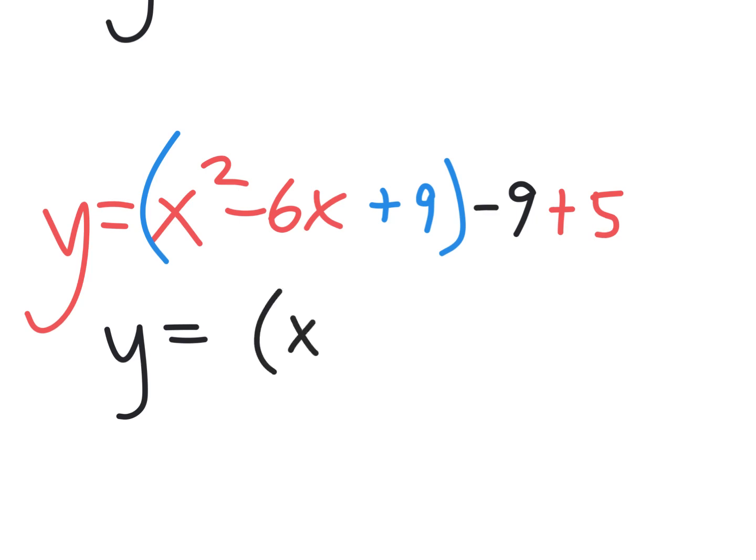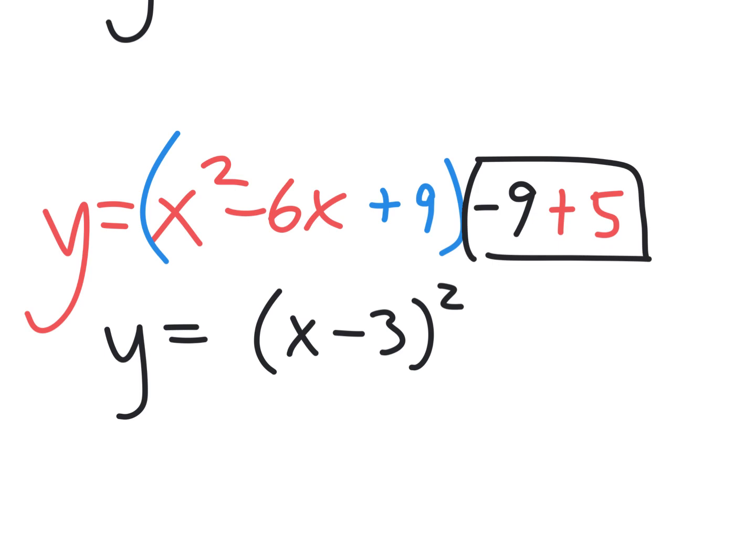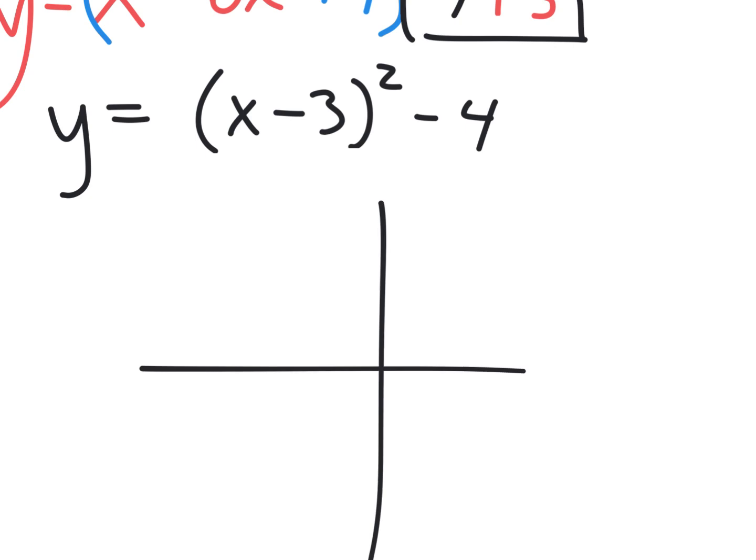Y equals x minus 3 squared. Yup. But then you got to tell me that part too. Minus 4. All right, and if I had to graph that, I would go to -3, -4. Oop, I'd be wrong. Not -3. +3. Opposite of what you would think, right? And then down 4. And there'd be a dot right there.